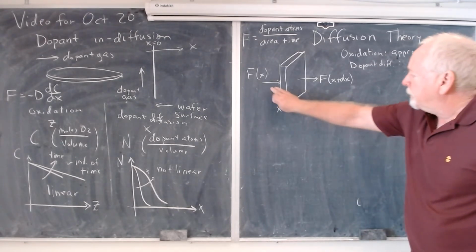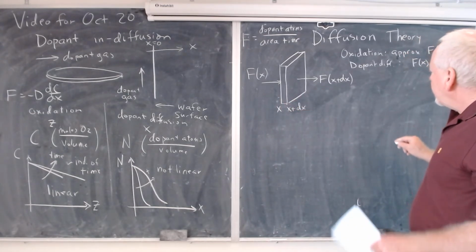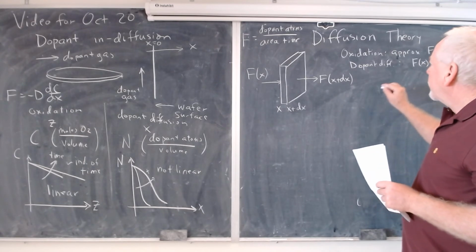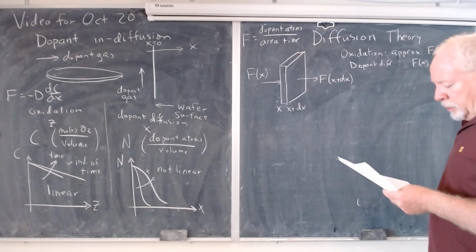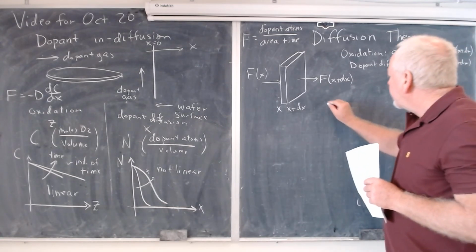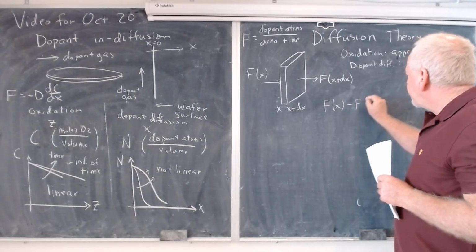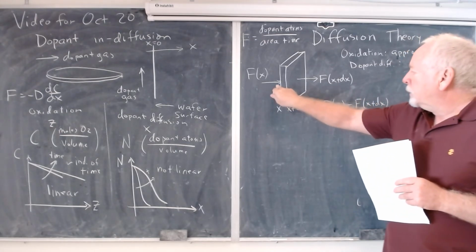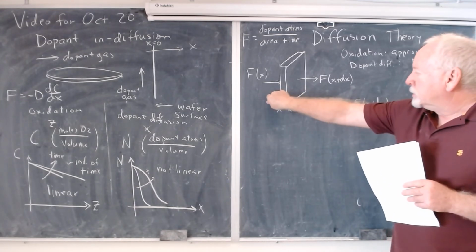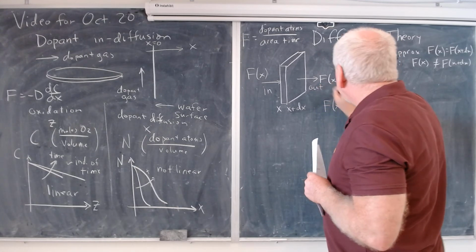So we're saying there's a flux going into the box. Remember, flux here is the dopant atoms per unit area per unit time. So we can write down F of x minus F of x plus dx. Now what is that? That's the difference between what is going in the box and what's going out.